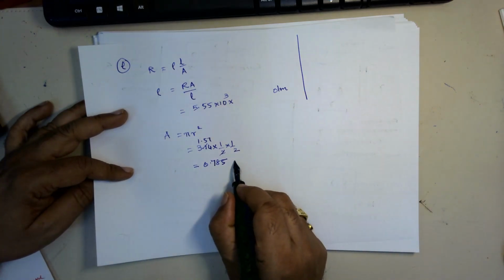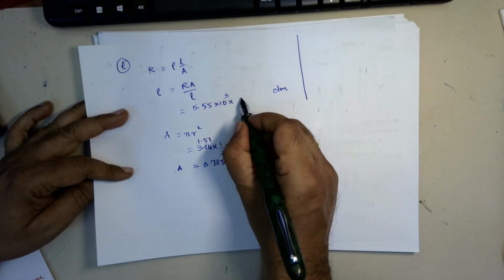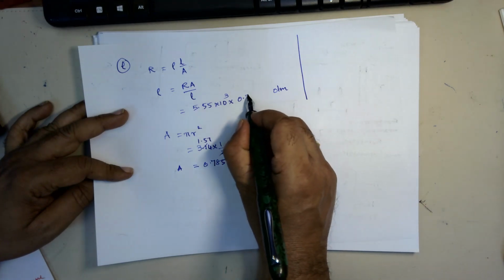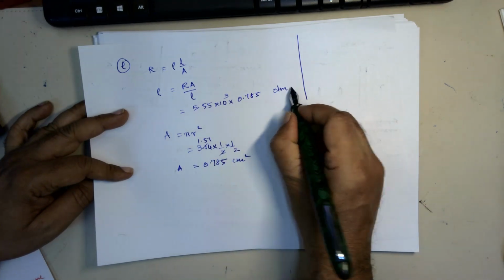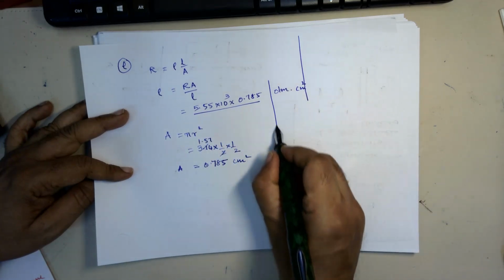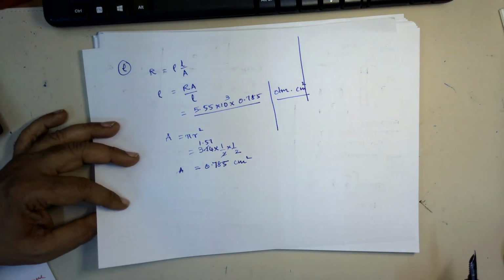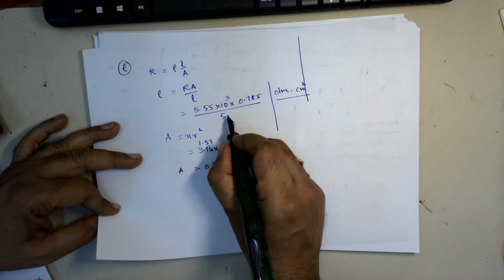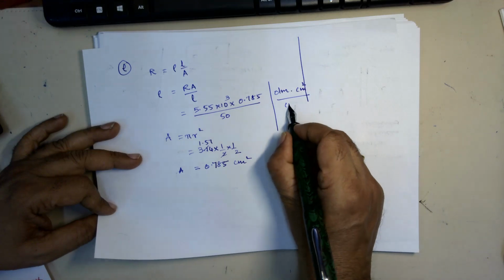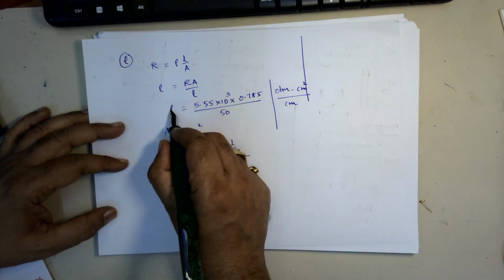This is the square centimeter area. So let us put here the area, 0.785 centimeter square. You have to do the unit side by side. And what is the length? The length is given as 50 centimeter. Now this is rho.